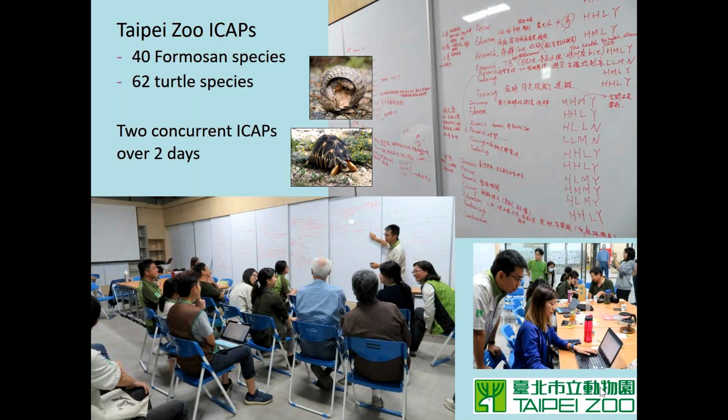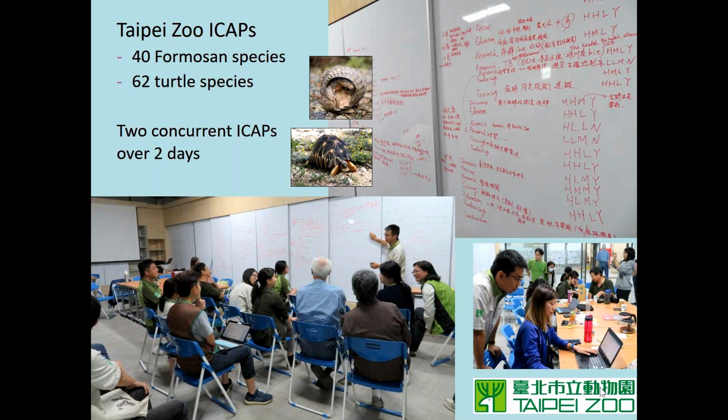We've also taken this on an institutional level. We've run a couple of ICAPs with the Taipei Zoo last year. And for example, they have a large rescue center, and they have 62 different turtle species that have been confiscated. And we wanted to look at, were there conservation relevant roles for those collections?